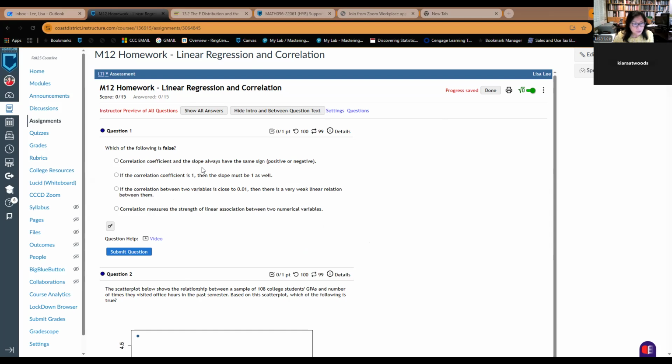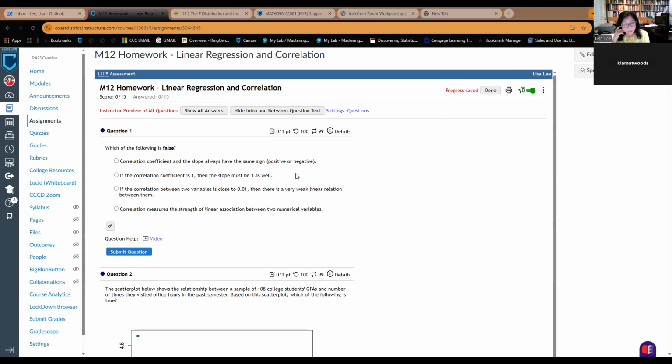Correlation coefficient and slope always have the same sign, positive or negative. The correlation coefficient's notation is small r. And the slope is the one we learned in algebra class, the steepness of the equation y equals mx plus b. m is the slope.